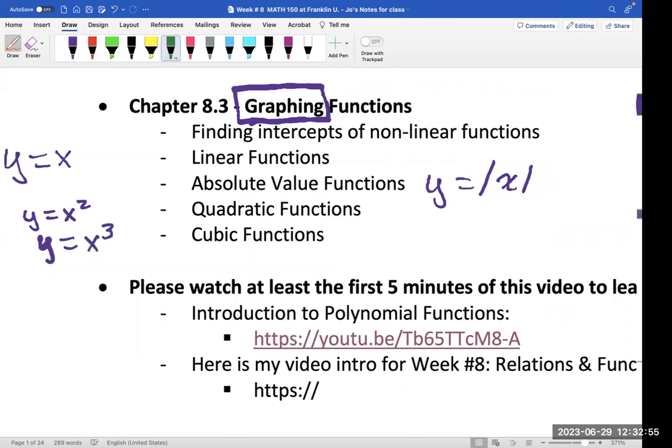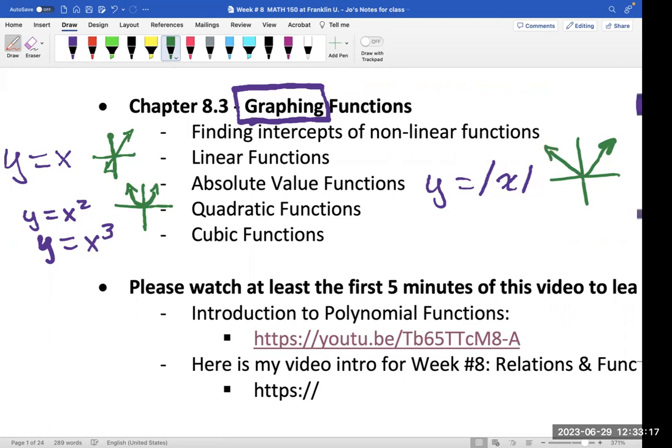The graph of all linear functions will be a straight line. The graph of all quadratic functions is a parabola. The graph of absolute value functions looks like a line in part, but the negative values become positive.